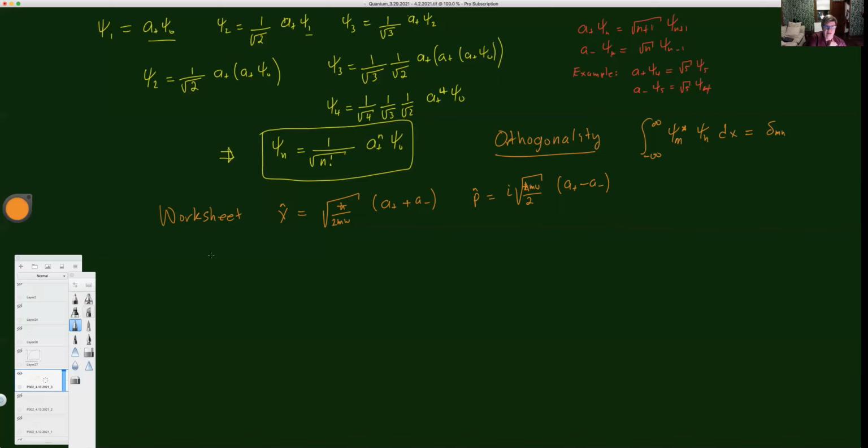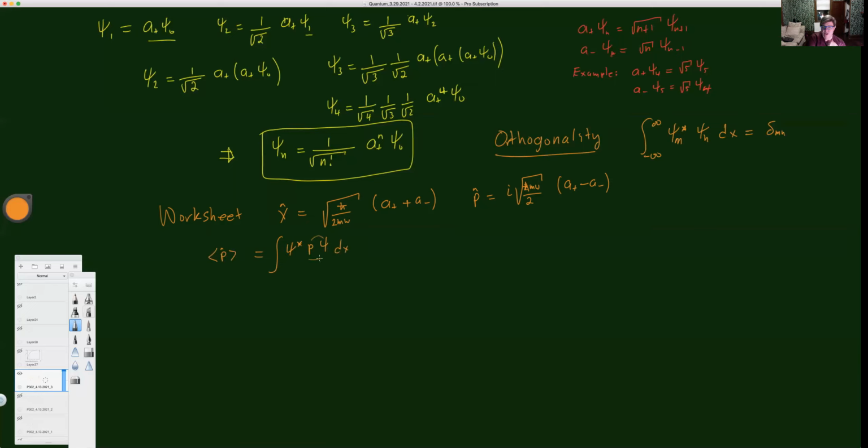I'm going to look at calculating the expectation value of p hat, the expectation value of momentum. Usually, as you know, to get an expectation value, you take psi star, put p acting on psi, dx. Let's make the whole sandwich.